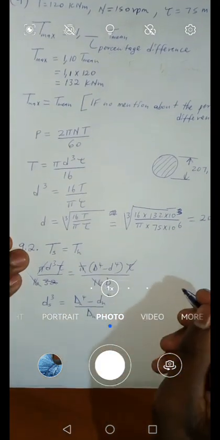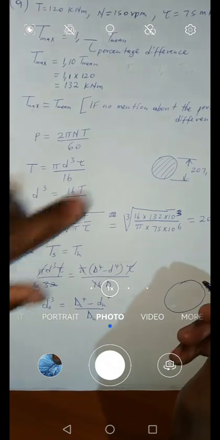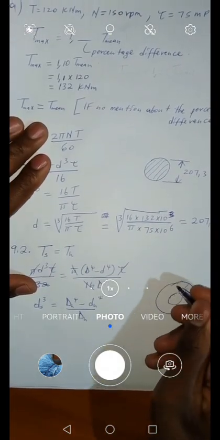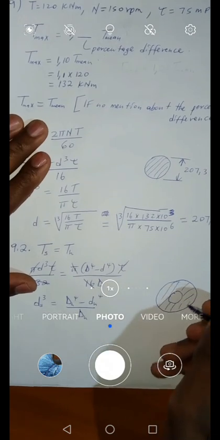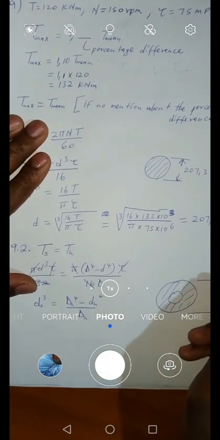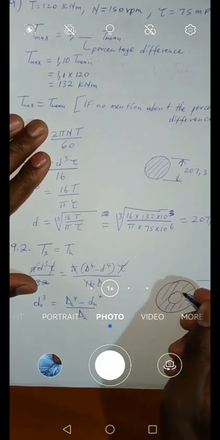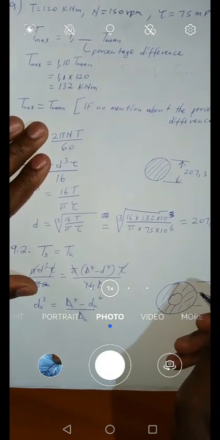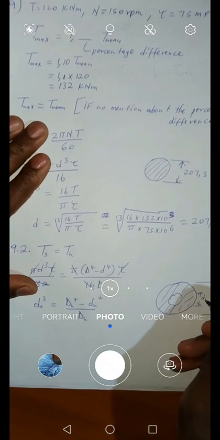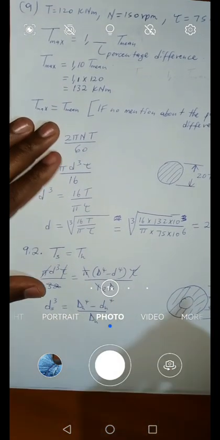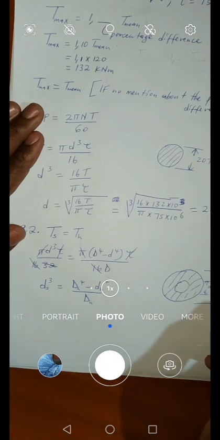Remember, we're going to replace this by this. So this thing now is going to have an outer diameter and an inner diameter. So which are these variables here? Now we have to find these dimensions, the outer diameter and the inner diameter.